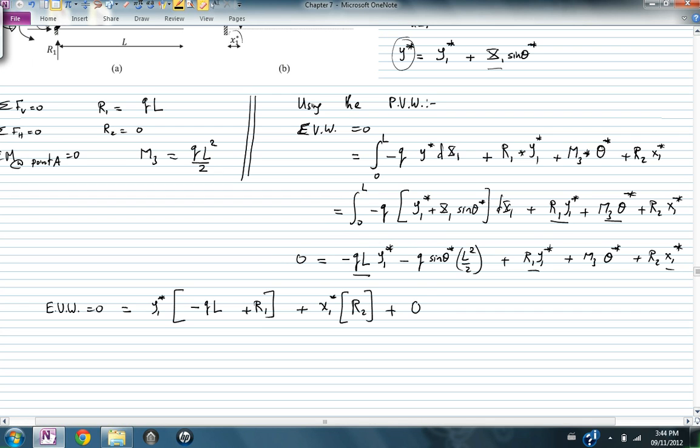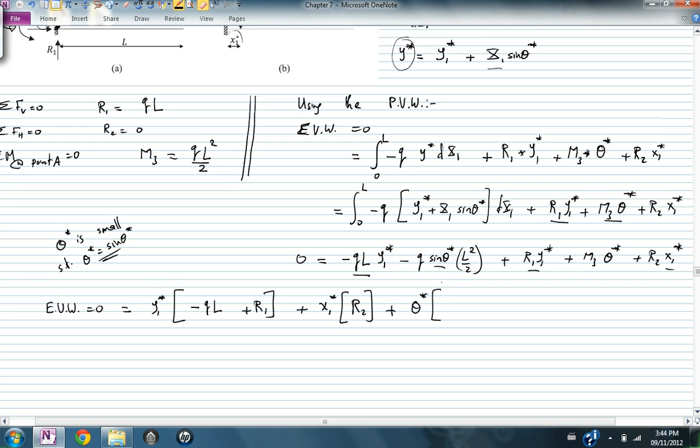But since I see both sine theta star and theta star, I'm going to choose theta star very small, such that sine theta star is equal to theta star. So theta star is small, or chosen small, such that theta star is equal to sine theta star.